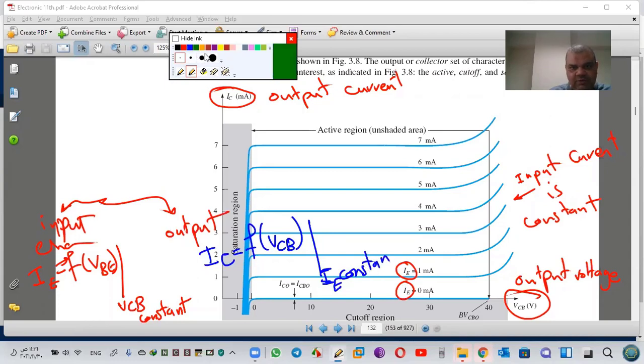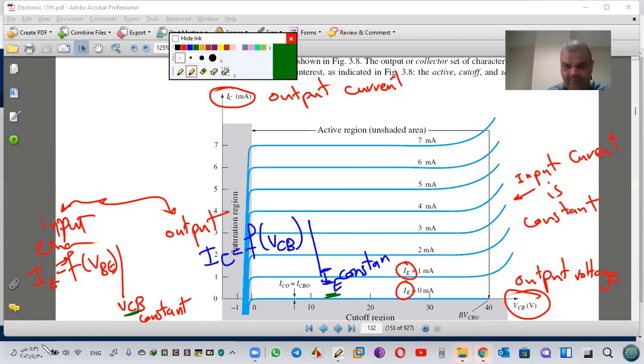Focus on this. Here volt, here current. So the input characteristic is input current as a function of input voltage when the output voltage is constant. Output is output current as a function of output voltage when the input current is constant.